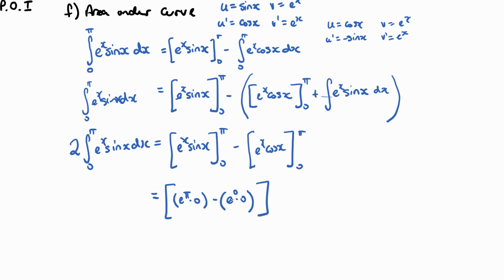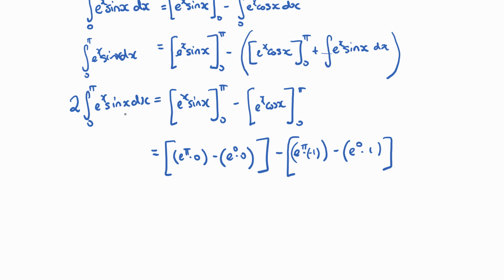So this is actually going to be 0 minus 0. And then minus e to the pi cos pi. Now cos pi is negative 1. Minus e to the 0 times cos of 0, which is 1. And this is what 2 times the integral is.